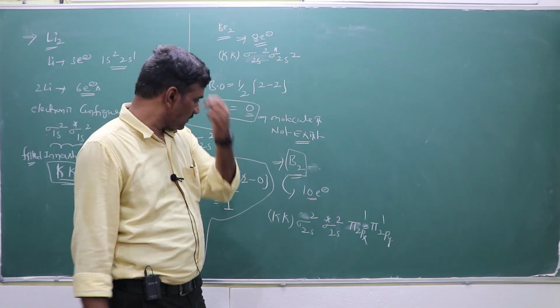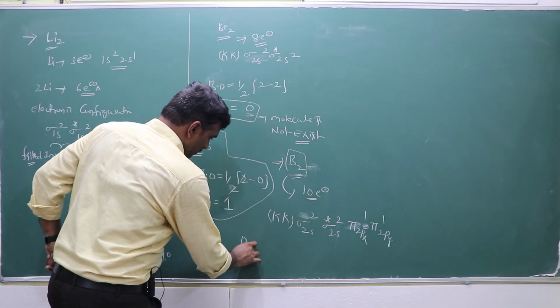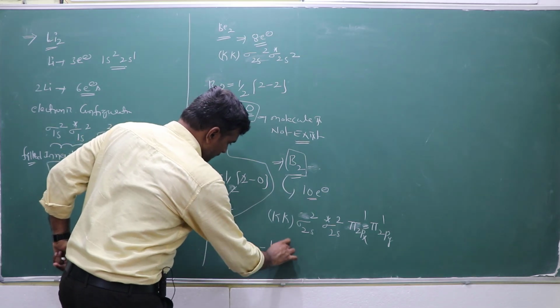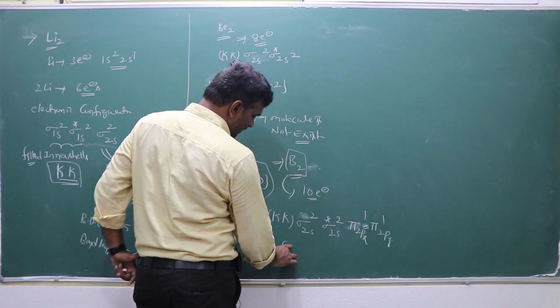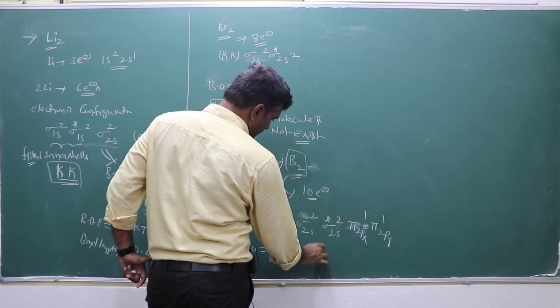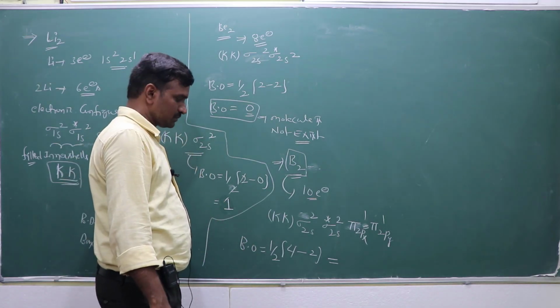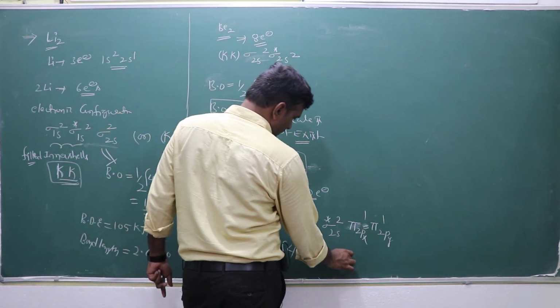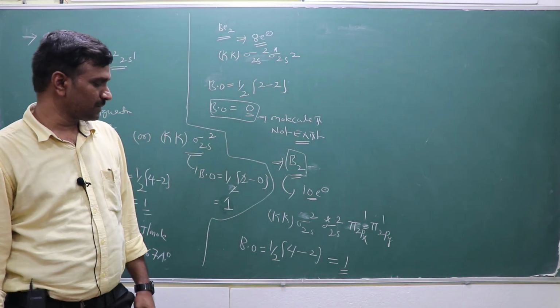One electron is filled in each. Now in this case, what is the bond order? Half into, how many bonding electrons? 4, and anti-bonding electrons are 2. So (4 minus 2) by 2 is 1. Bond order is 1.